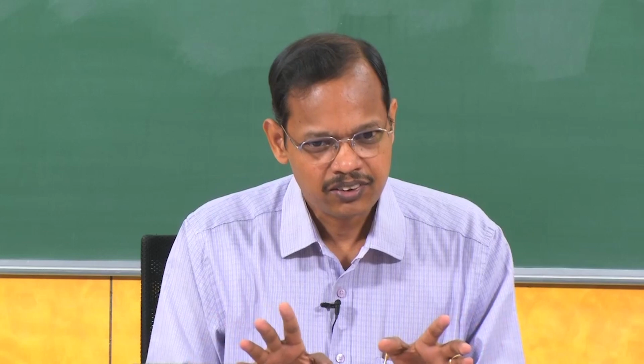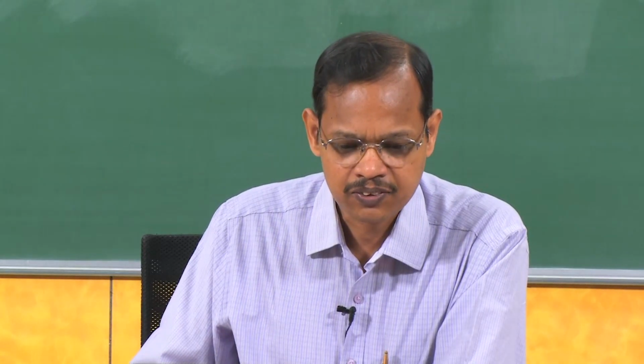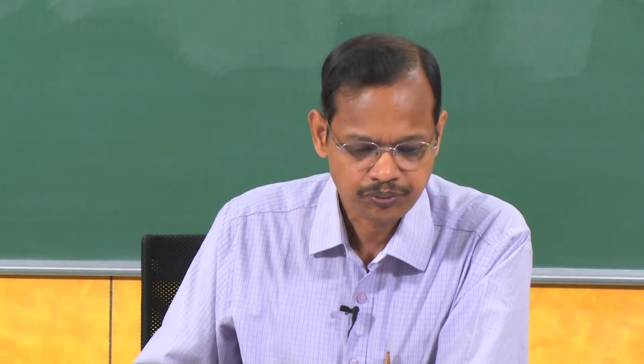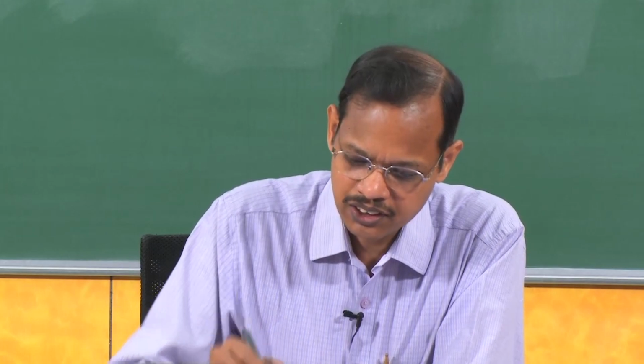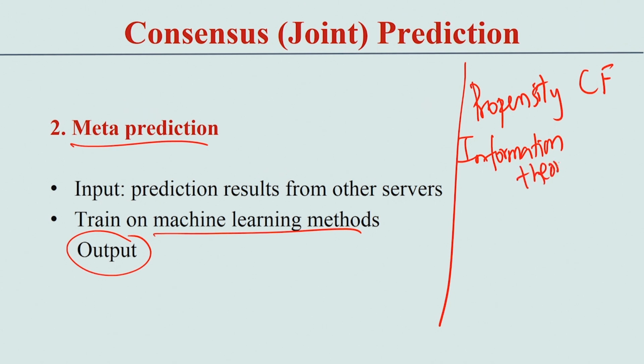Summarizing, we discussed various methods. What are the various methods we discussed? First one is the propensity, or we can say Chou-Fasman, and we discussed information theory, GOR.